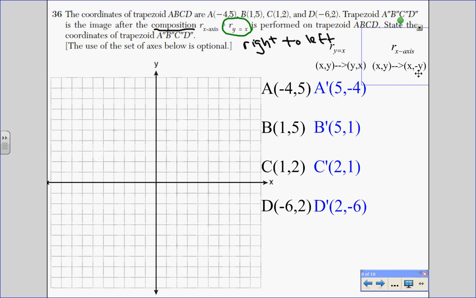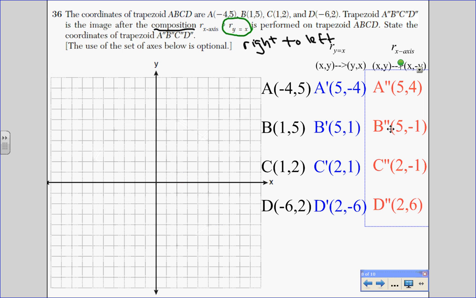You're negating it, so you're just going to change the sign. So A'' is going to be (5, 4), because A' is (5, -4). I'm changing the sign of the y. B'' is going to be (5, -1), C'' is going to be (2, -1), and D'' is going to be (2, 6).